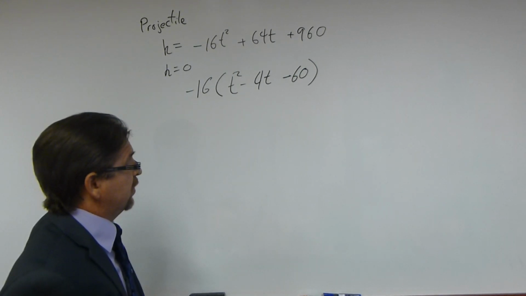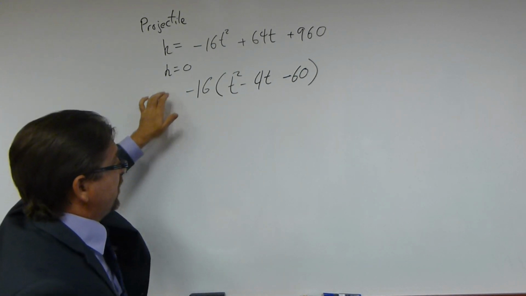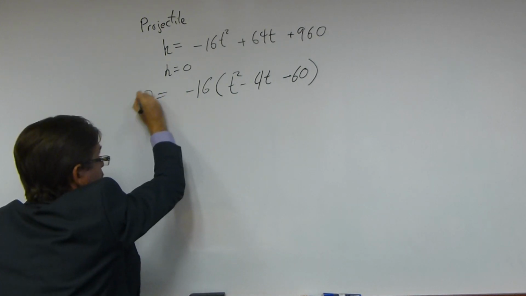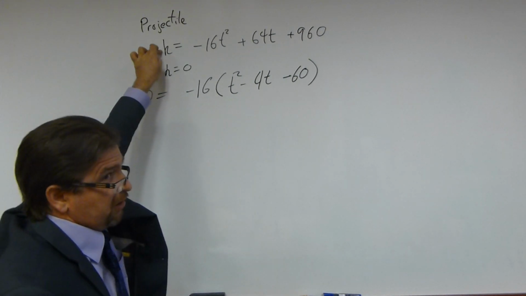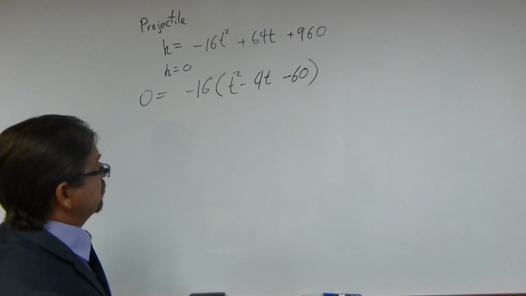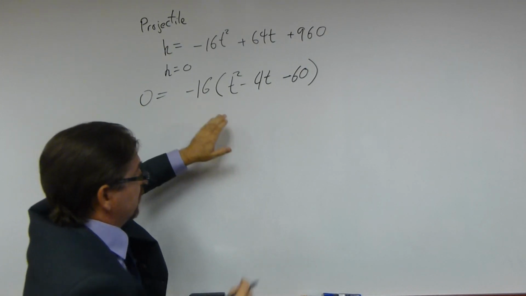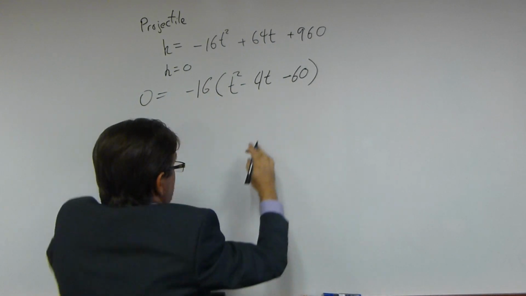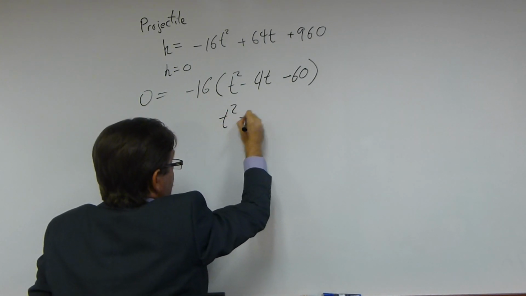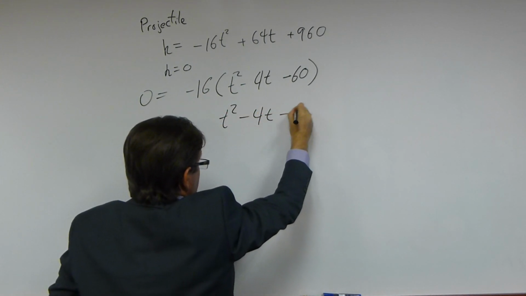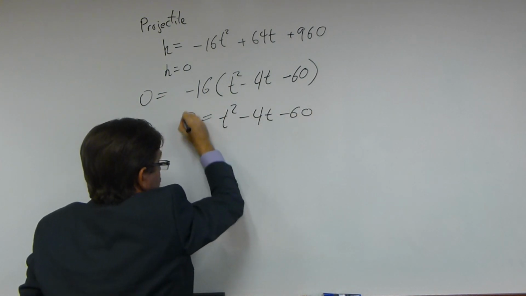Okay, so we want to find out where this equals 0, because h equals 0. Well, 16 is never going to equal 0. We know that. So this has to equal 0. So now we have t squared minus 4t minus 60 equals 0.